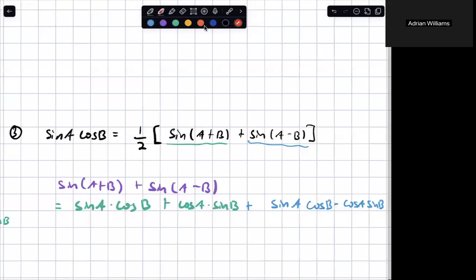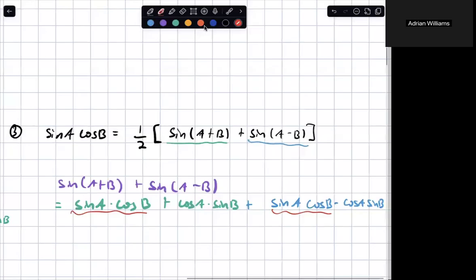Now, moving on, you might notice something really convenient. We have two sine A cos B's. However, we have a cos A sine B subtracting off with another cos A sine B. So again, that exact same structure of proof that we've done before, but this time we're resulting in two sine A cos B's.